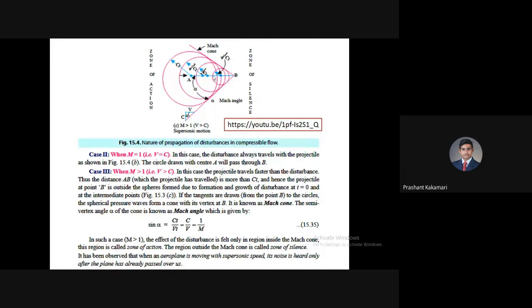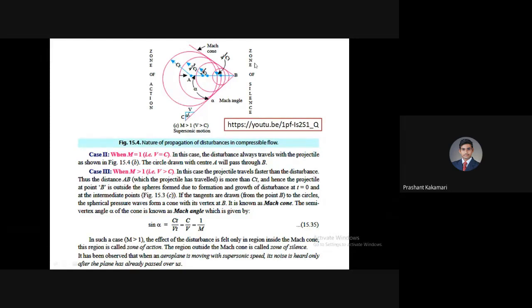It is denoted by alpha here, and this is the Mach cone. Inside this cone, whatever the area is, it is the zone of action where one can observe the disturbance. Outside this cone, the zone of silence is shown.